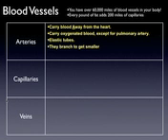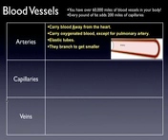Now they start off very wide. You know, the aorta is a big, wide, thick blood vessel. But as they move through, they get smaller and smaller. So they basically just look like a smooth tube. It's fairly thick and muscular.